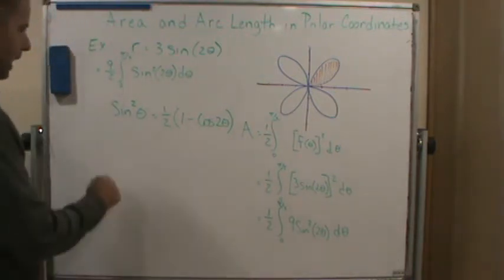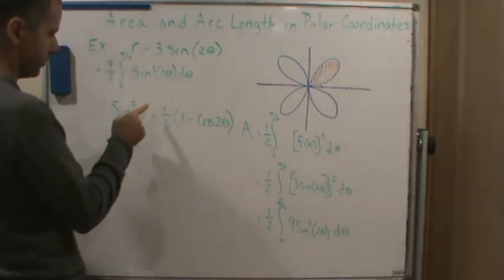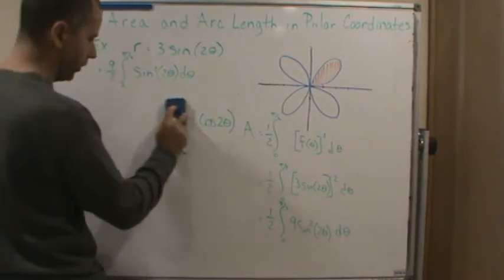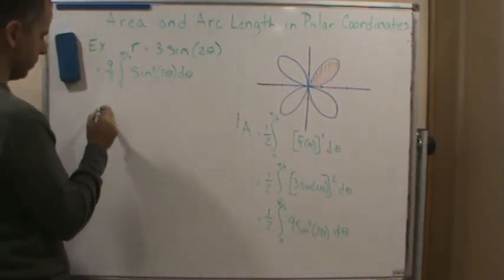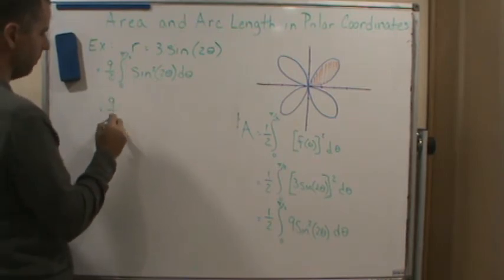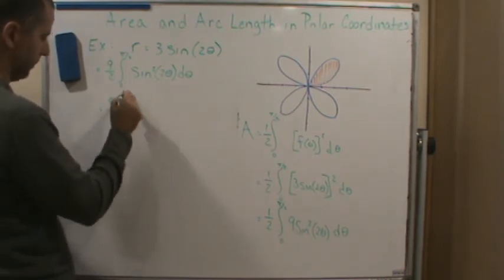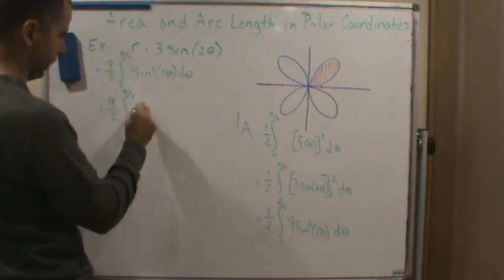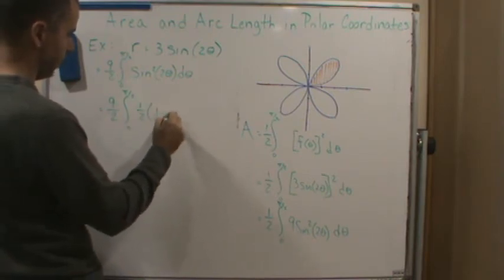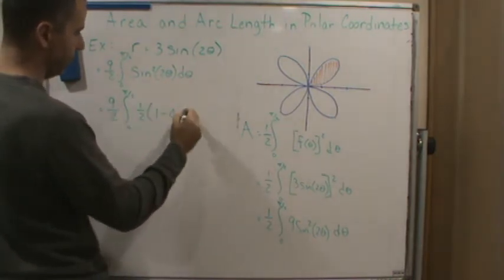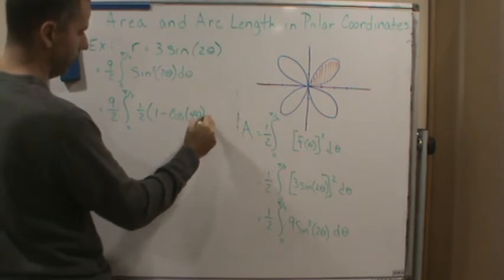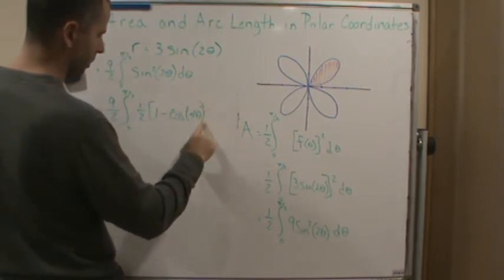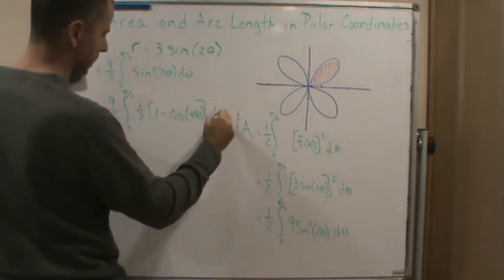So now I'm going to replace this with this, but instead of theta, I have 2 theta. So this is going to become 9/2 the integral from 0 to 2 pi, and this is going to become 1/2 times 1 minus cosine 4 theta, and we could use square brackets, d theta.